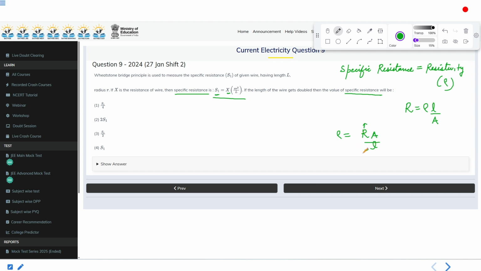So the 2 and 2 will cancel out, because specific resistance is dimensionally independent. It doesn't depend upon the dimensions of the conductor. It is a material property. It depends on the type of material and also on physical conditions like temperature.